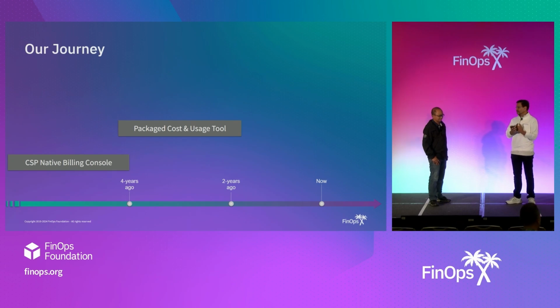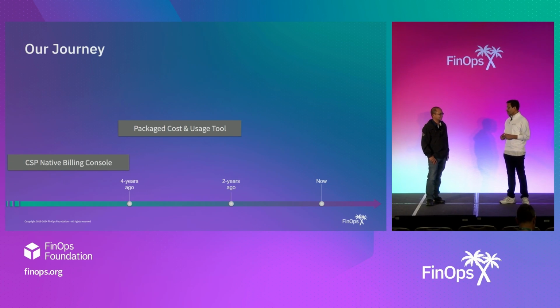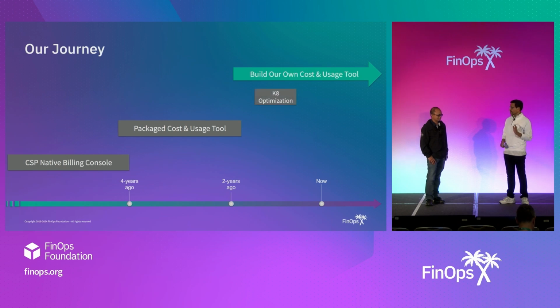And it served its purpose up until a particular point in time. And as our engineers became really cloud first, we had to do something different. So we had to take the difficult, hard decision to build our own tool. And we're still enhancing it. It's a journey that's continuing to grow as we make progress. So this is where we are now.